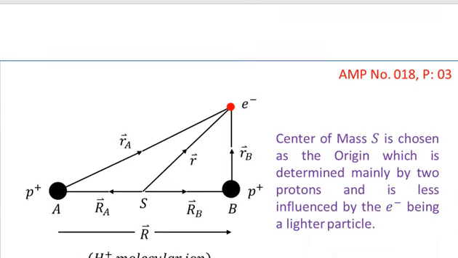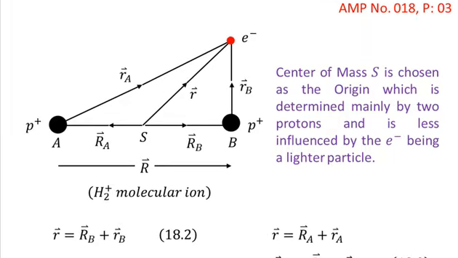For example, this electron, which is shown in red, will move about this axis AB. AB is the axis connecting the two nuclei A and B, and we shall regard this as the Z axis also.